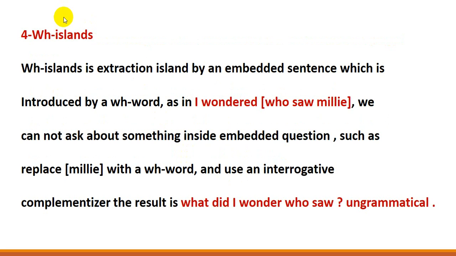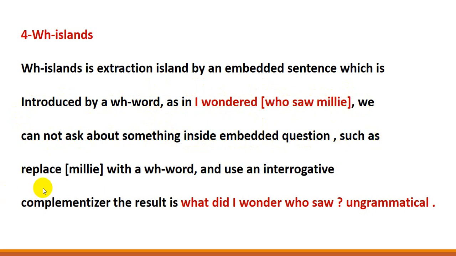Okay, the fourth type is the WH island. WH islands are extraction islands formed by an embedded sentence which is introduced by a WH word, as in this example: I wondered who saw Miley. We cannot ask about something inside embedded questions here.